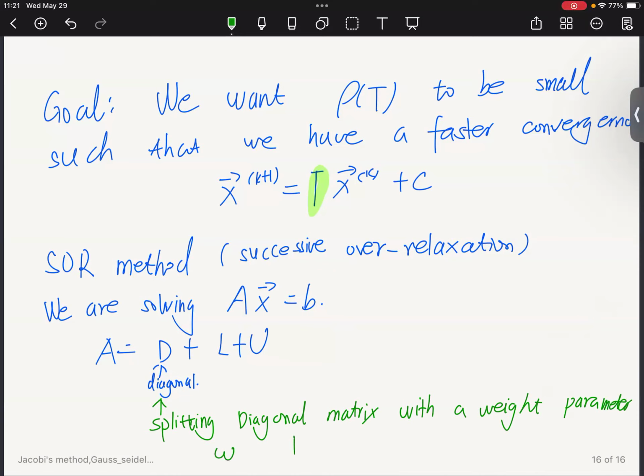I'm going to let D equal (1 over omega)D minus ((1 minus omega) over omega)D. If you do the subtraction, you will find that the 1 over omega minus 1 over omega is just 0, and then omega divided by omega is just D. So you can see this is just the diagonal matrix D.